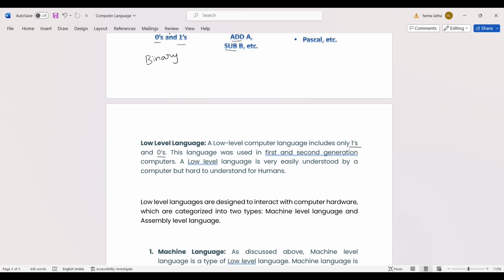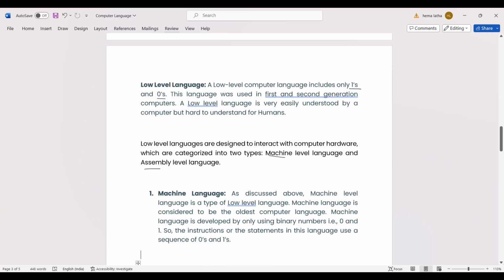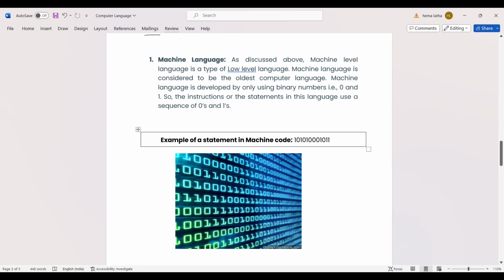Next, the low level languages are divided into two types. One is machine level language and the other is assembly language. Machine level language is a type of low level language used in the oldest computers, the first and second generation. Machine language is developed only by using binary numbers, zeros and 1.